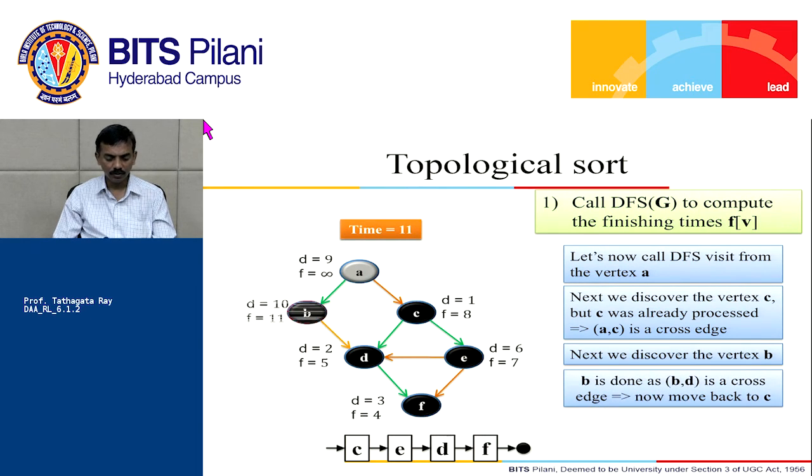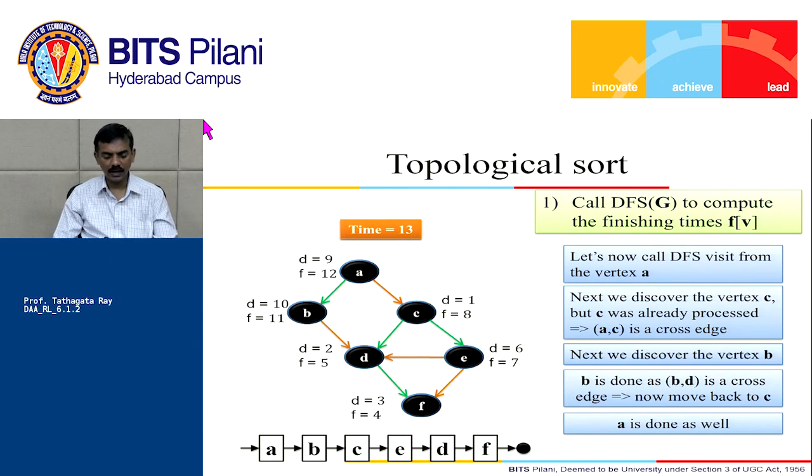So you mark it black, give it the finish time 11, put it in the front of the linked list and go back to A. Now A is also done, so you give it the finish time, which is 12, mark it as black and put it in the front of the linked list. So you got this ordering A, B, C, E, D, F.